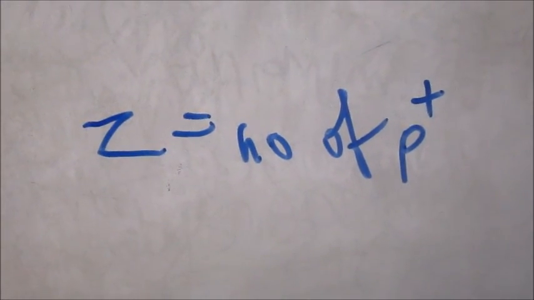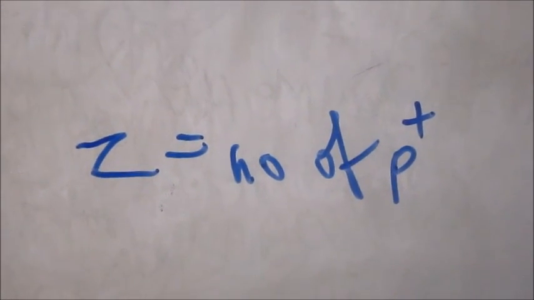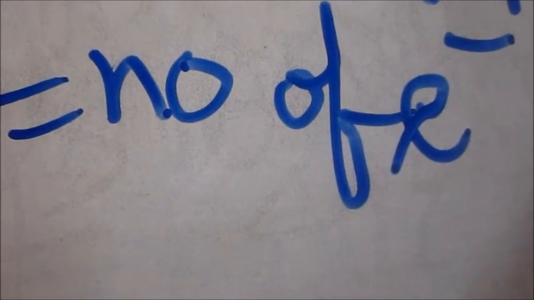The atomic number, denoted by the letter Z, is the number of protons present in the nucleus of an atom. It is believed that the chemical properties of an element are controlled by its atomic number. It was later observed that the atomic number was equal to the number of protons and also equal to the number of electrons in most cases.